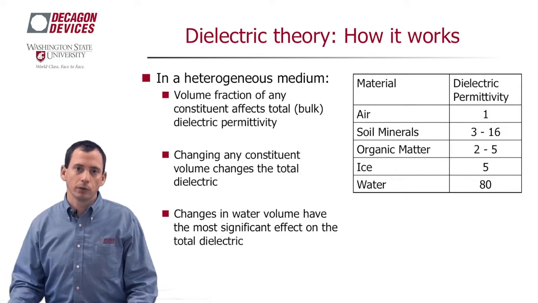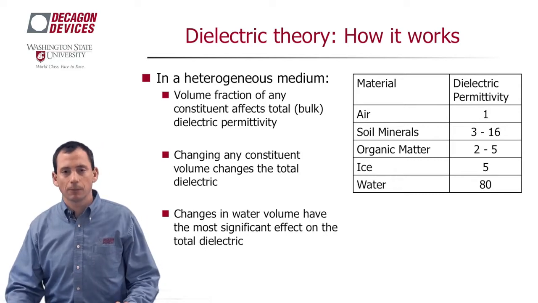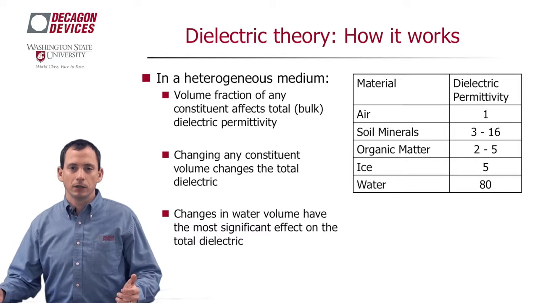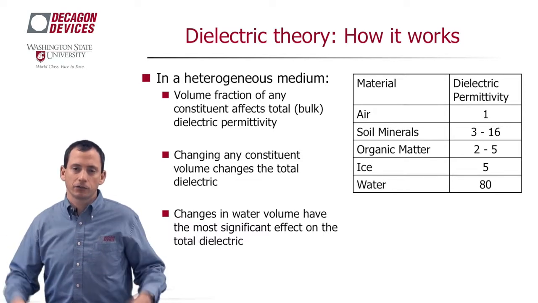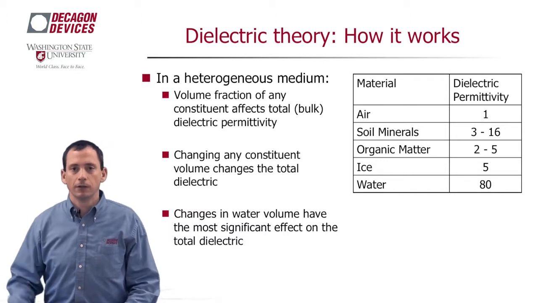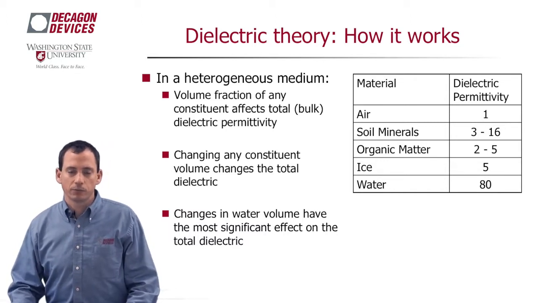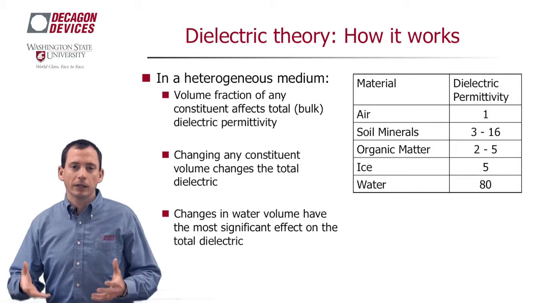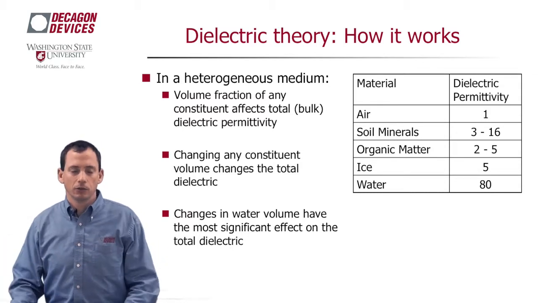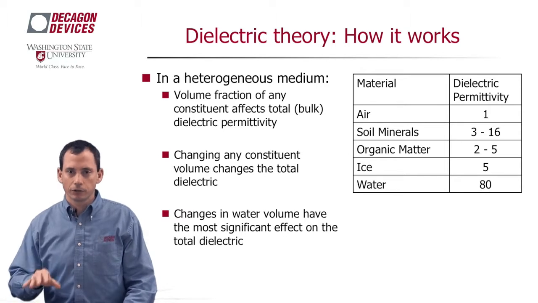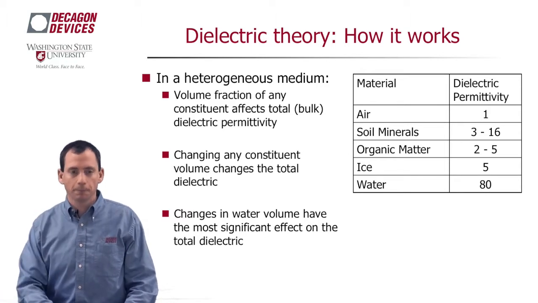And the inverse is true in drying processes. When you have evaporation, well then the water's leaving and the air is taking its place, and this causes the dielectric permittivity of that mixture to decrease substantially. And this is how we can measure dielectric permittivity and then relate that to the volumetric water content. And we'll talk about this in a lot more detail in just a minute.